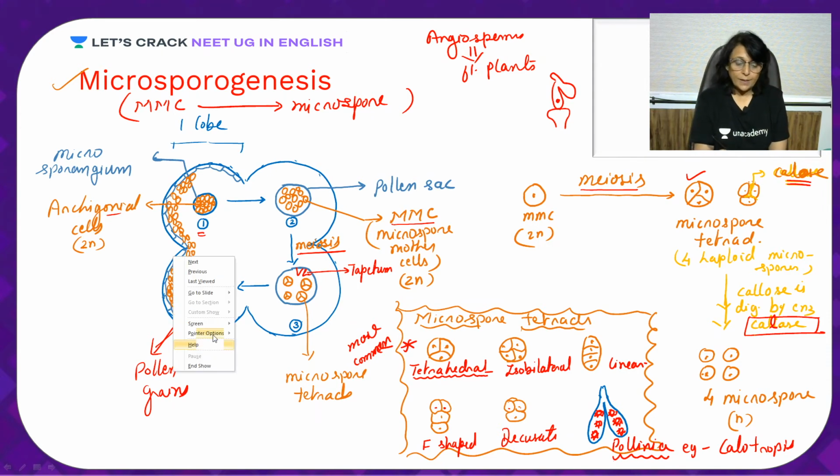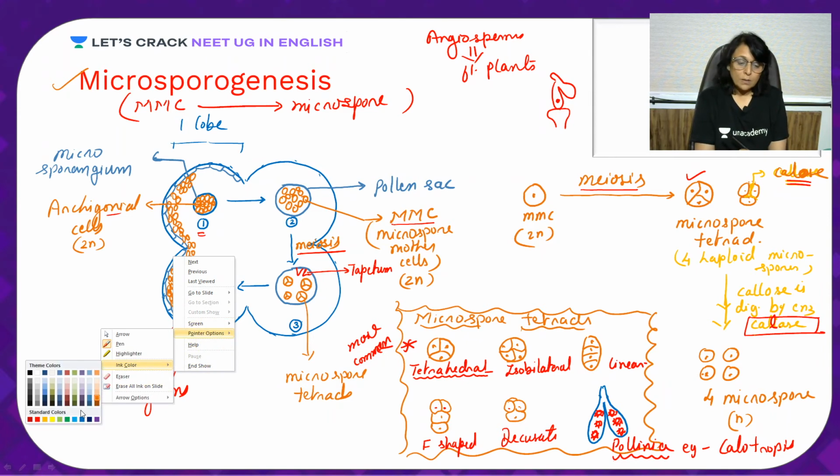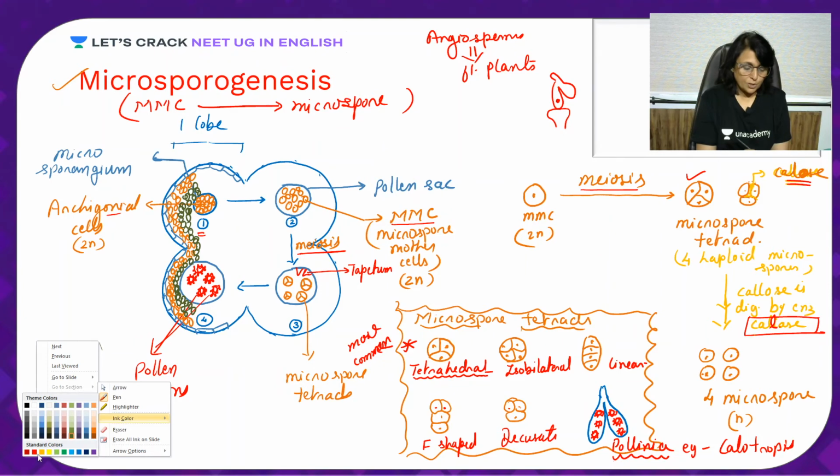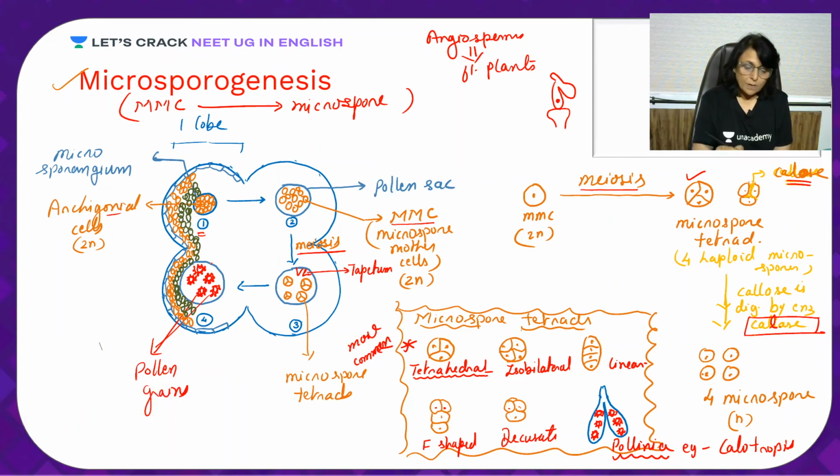And inner to it were the cells of the middle layer. Innermost layer is tapetum. The cells are pyramid shaped, right? So let us make few pyramid shaped cells here. This is tapetum or tapetal cells.